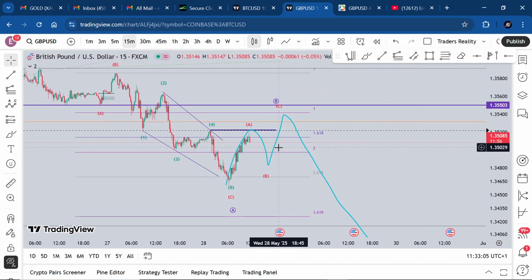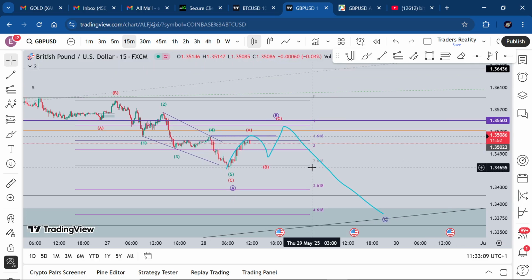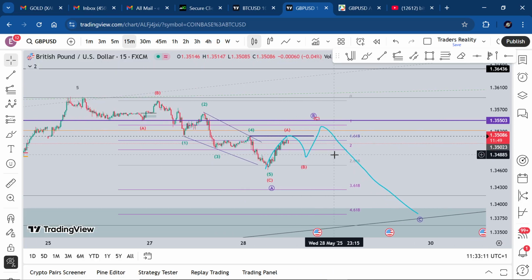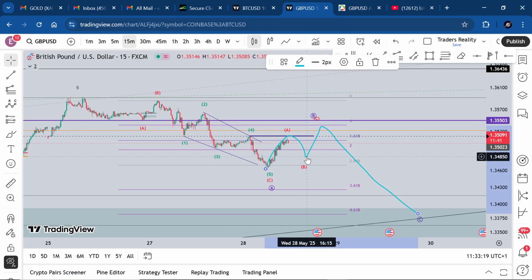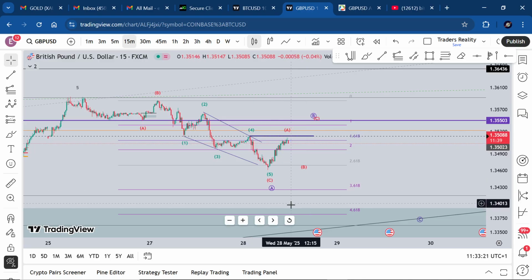So that's clearly what I'm looking for on the pound. You can see that there, okay? It's coming down now, and I do not expect it to go crashing. We could come and take this low. That is a potential. We could come and take this low and then come back up, and then that would be an expanding flat.